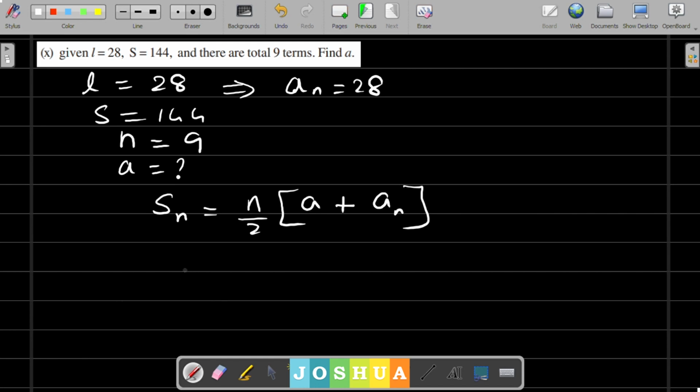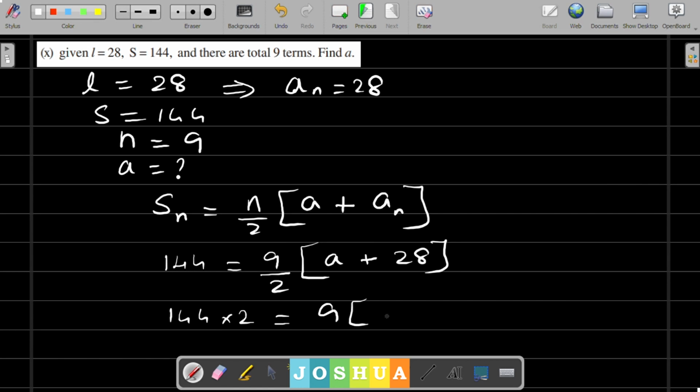So I am going to substitute all the values here. Sn equal to 144, that is equal to n, 9 upon 2, A that I don't know, and An is 28. When you take the 2 to the other side, it becomes 144 into 2, that is equal to 9 times of A plus 28. I am taking the same equation to the next page.